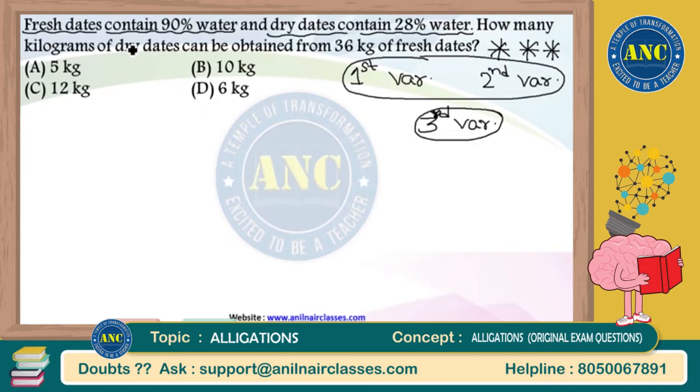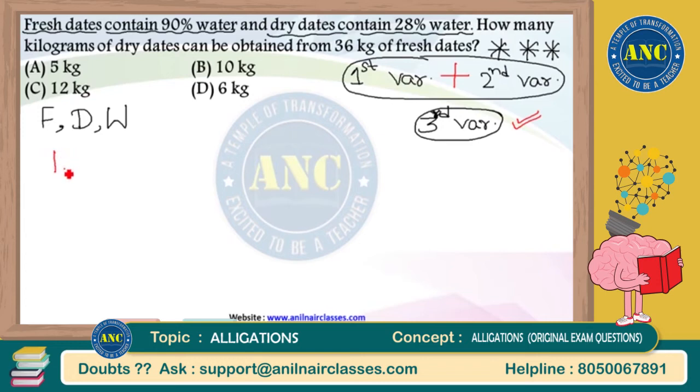Now, there are three parameters in this question. First parameter is fresh dates, second parameter is dry dates, and the third parameter is water. Think a little logically. Which two parameters, when I combine them, will give me the resultant parameter?